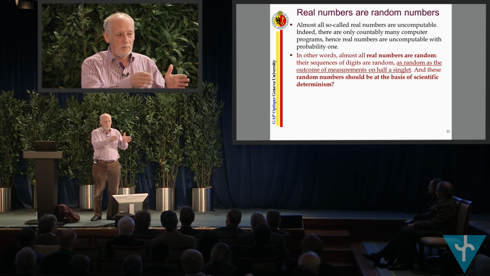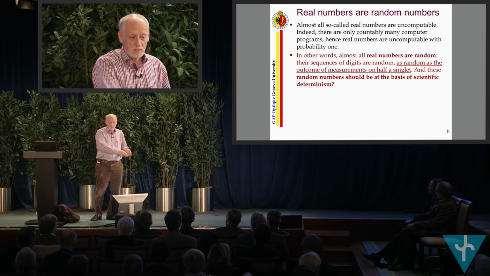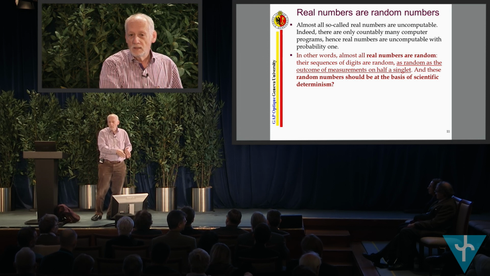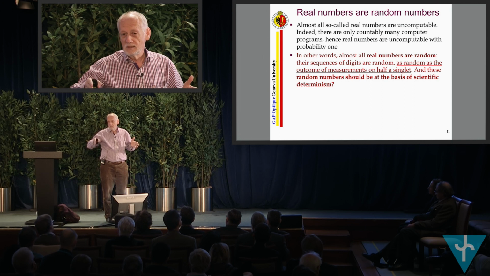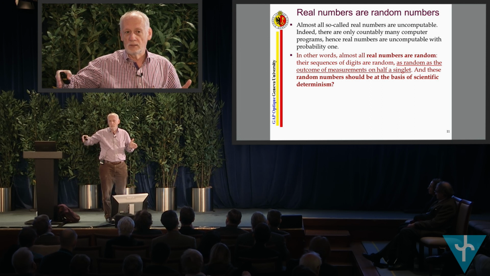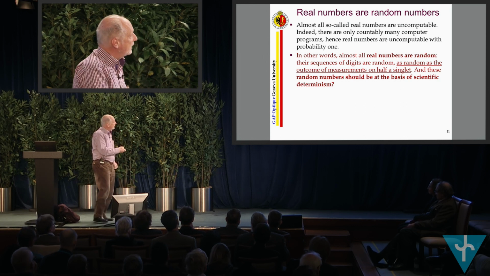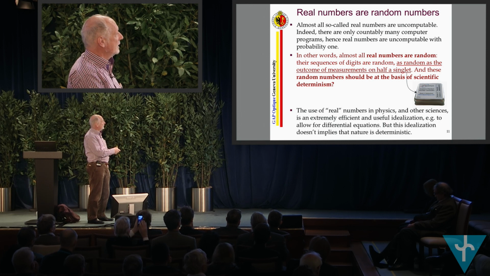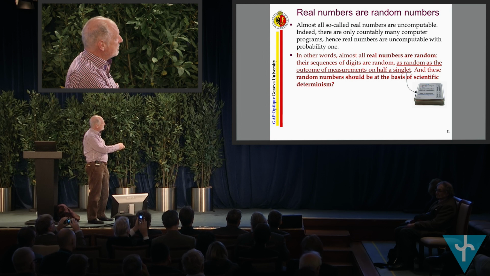Take a singlet, you measure half of it, you get a random number out, which is of quantum origin. But take a real number and look at the next digit, it is exactly as random. It's totally random. So you have randomness also there, and indeed we should really call them random numbers.